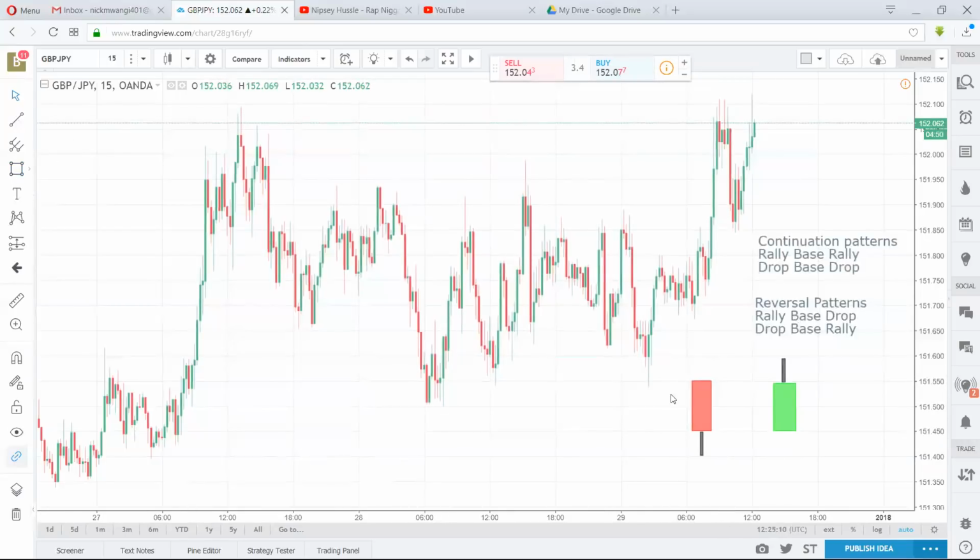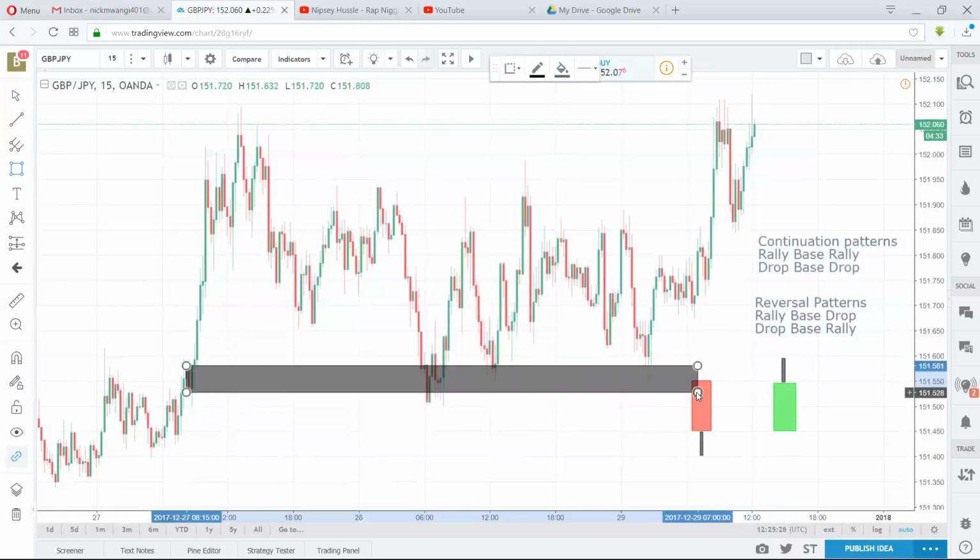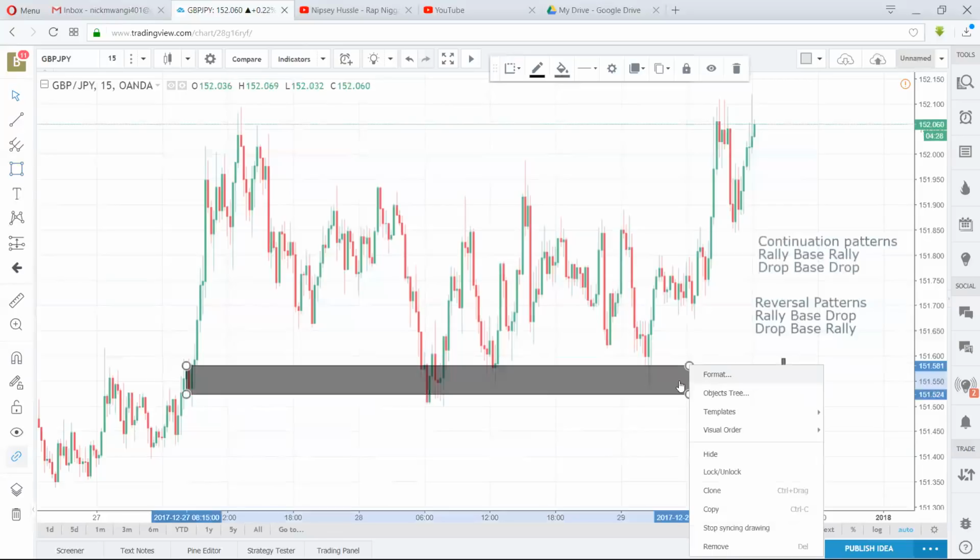So with this now we'll start looking for zones where price can react around that place. So we'll come and draw this zone here. We'll draw it to that. Let me change that color just a minute.